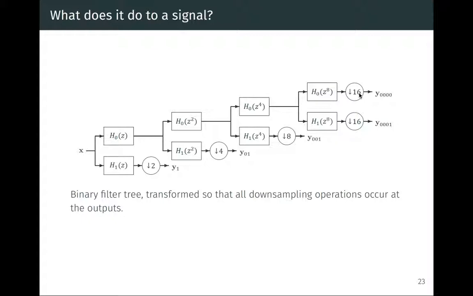Which means I can analyze what's going on by just multiplying all these z transforms of the transfer functions, and I'll get a pretty good idea of the transfer function for that particular subband. Does it make sense? It's just a little trick to help you analyze the z transform per subband.